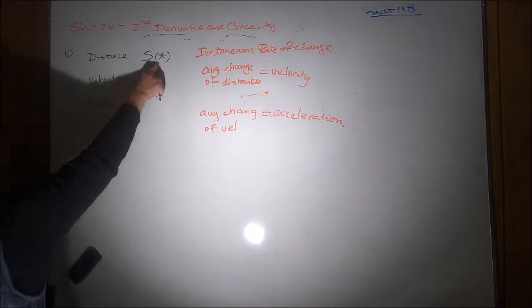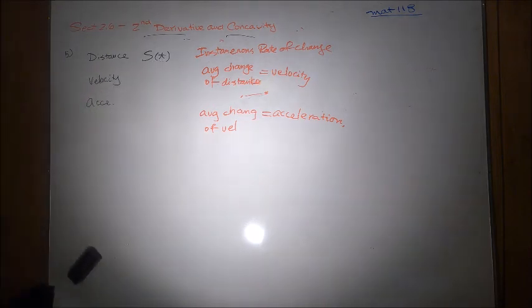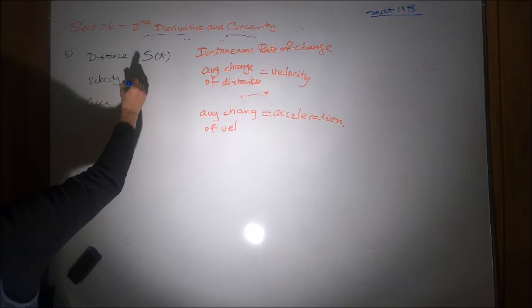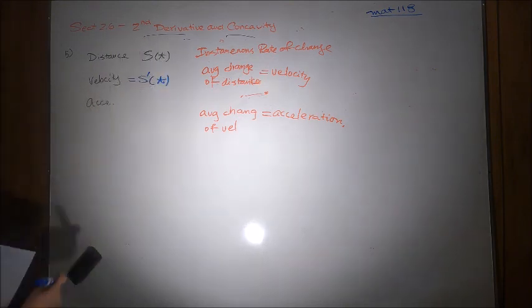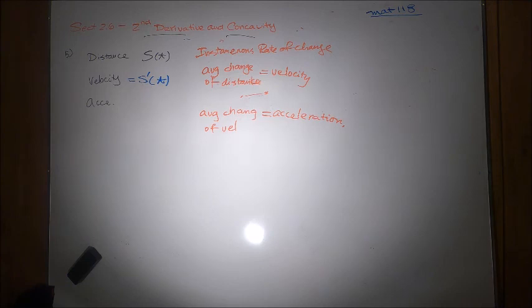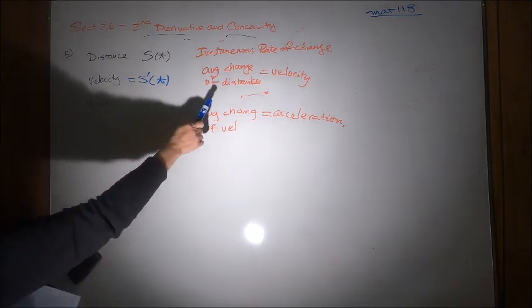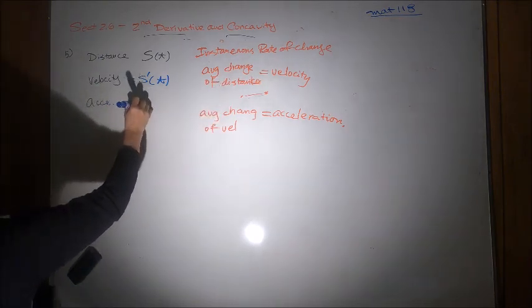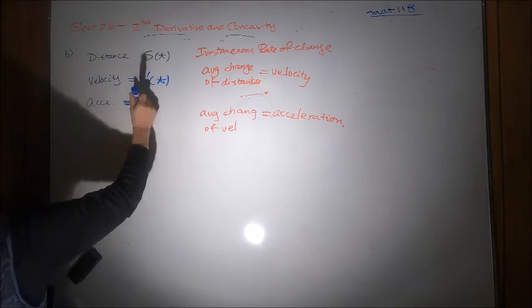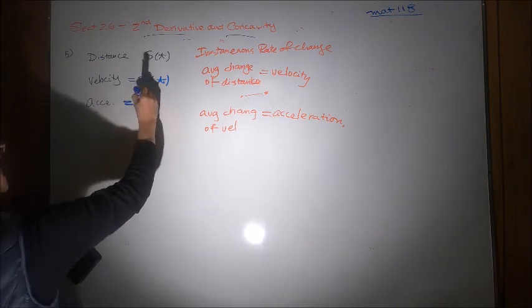Okay, so the formula is this way. The distance according to the time, we use S. The velocity would be what? The derivative of the distance. Right? We do the instantaneous rate of change. Then acceleration would be what? Take a derivative of the velocity.